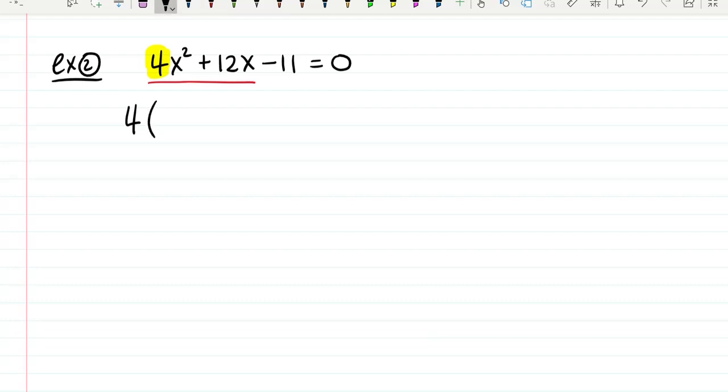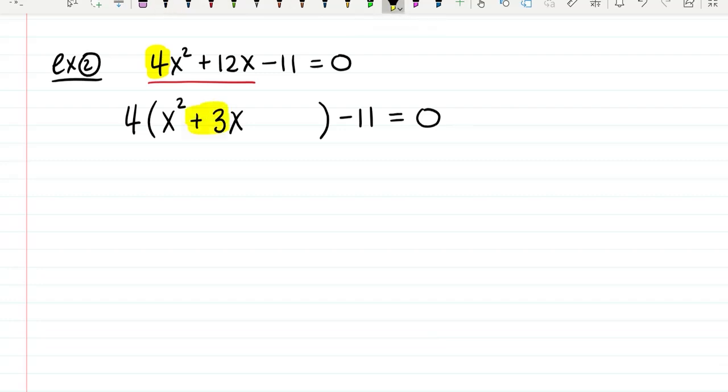So factor out the 4, and x squared plus 3x. And then I'm going to leave some space before closing the brackets, and negative 11 is equal to 0. To complete the square inside the brackets, the steps are the same.